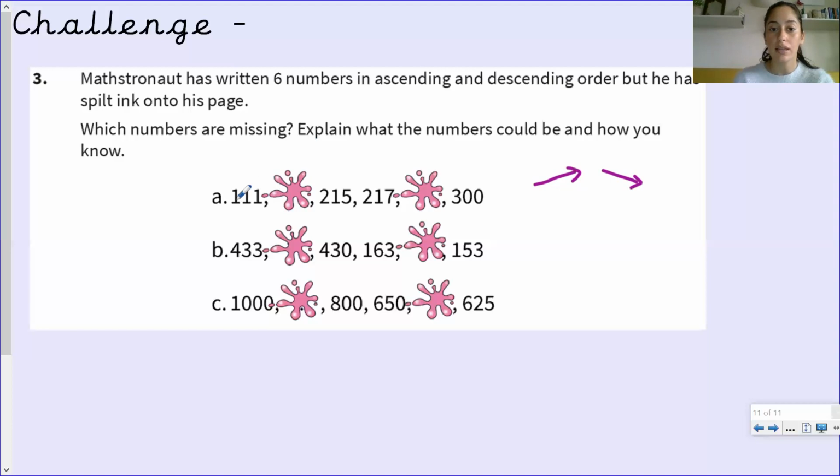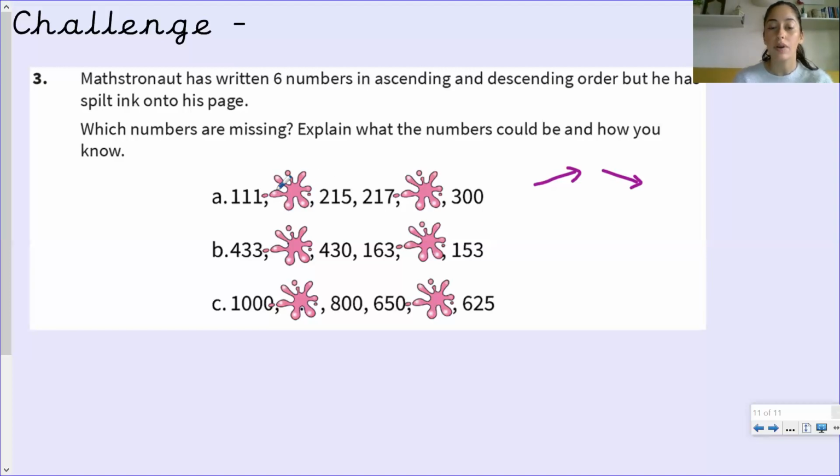So if the numbers are getting bigger and bigger, would it make sense for me to put 100 here? No, because I've started off with 111 and my next number has to be bigger. But would it make sense if I put 400 underneath this spilt ink? No, because the next number is 215.